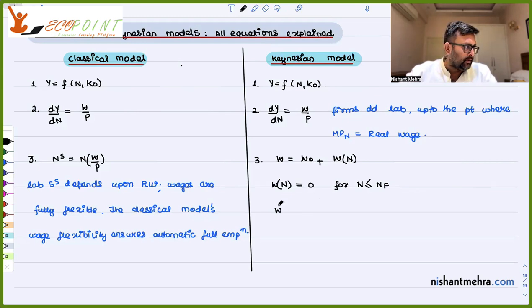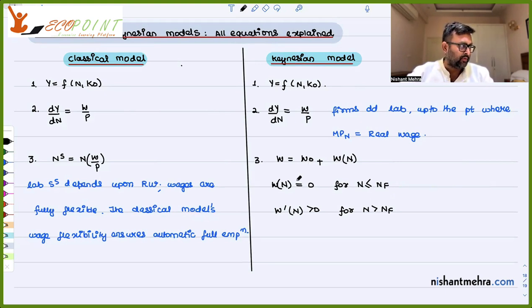And W dash n is greater than zero for n greater than nf. In case employment has to go beyond nf, then definitely wages will have to increase. And money wage cannot fall below W naught.